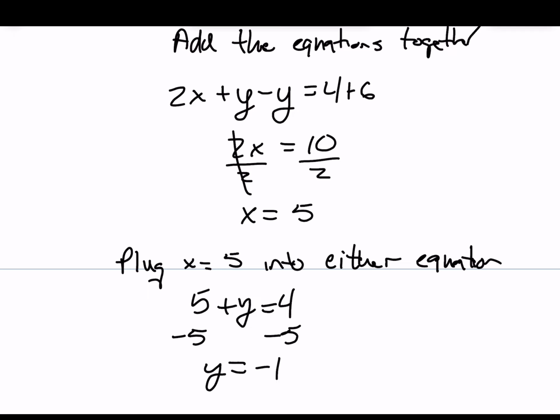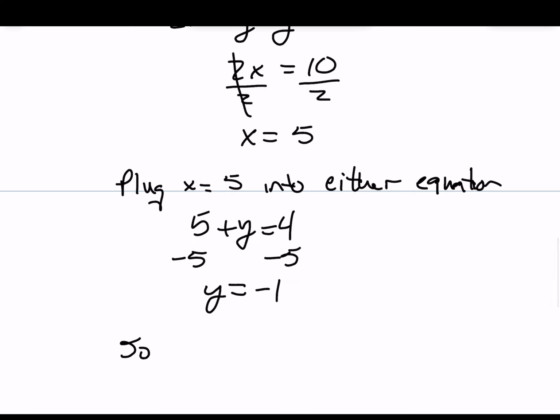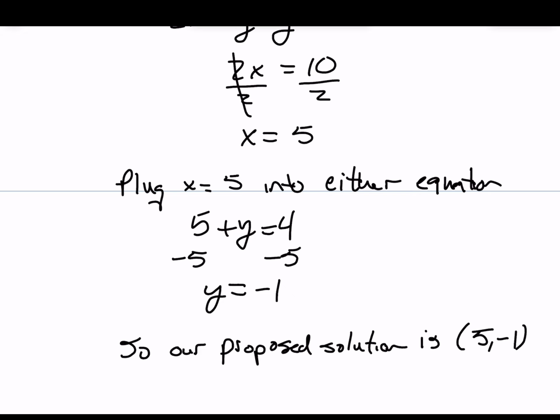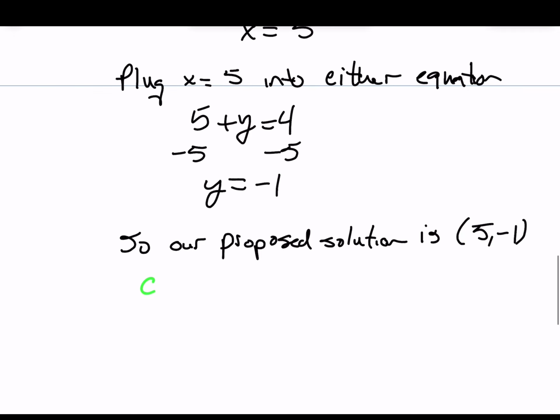And you get y equals 4 minus 5, which is negative 1. Okay, so our proposed solution is the point 5, negative 1. Now, where did we get those numbers from? Our x value is 5, and our y value is negative 1.